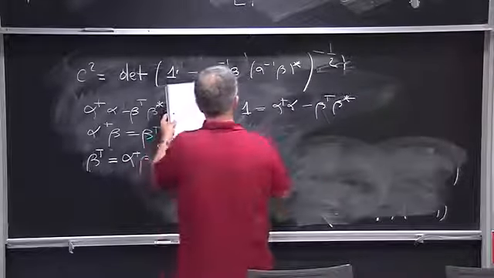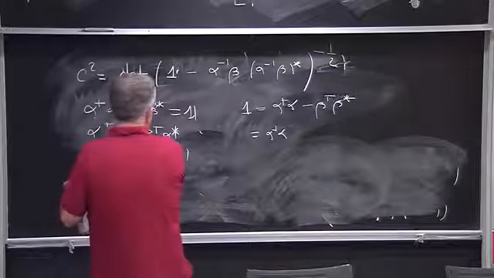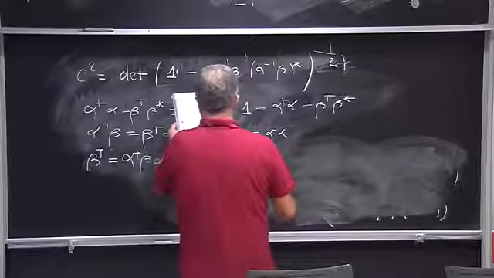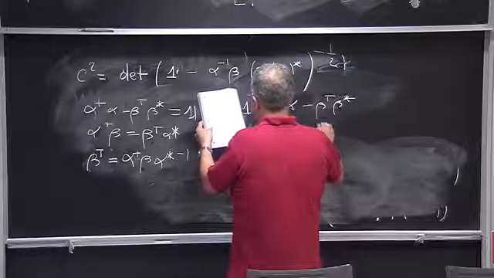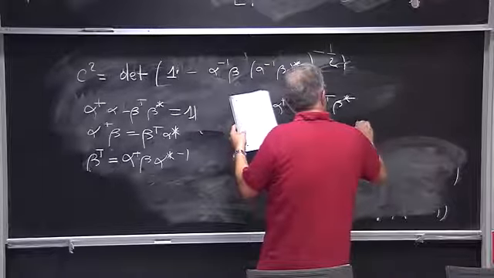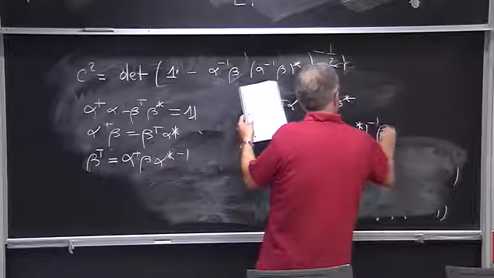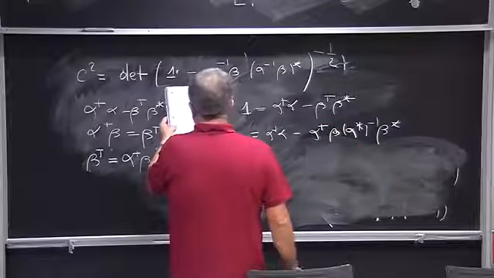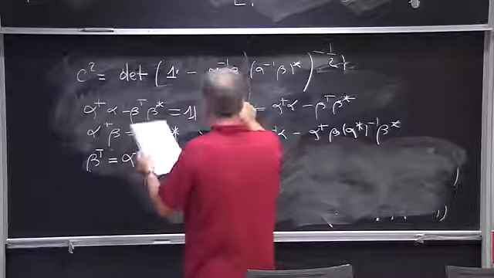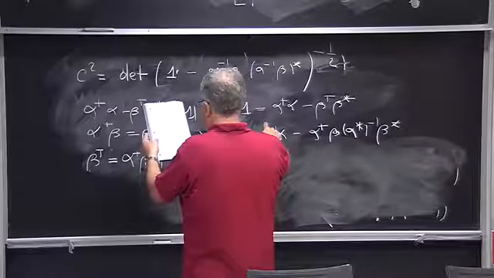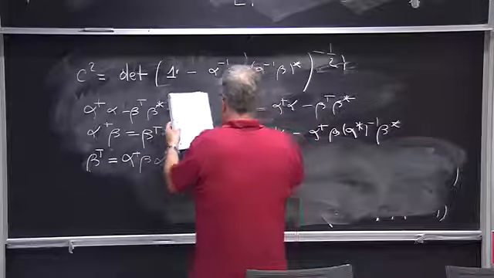This is going to be alpha star alpha, and then we use this relation for beta transposed, minus alpha dagger beta alpha star minus 1 beta star, which is precisely the thing we do have there.